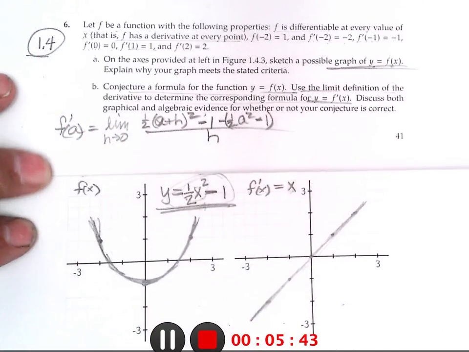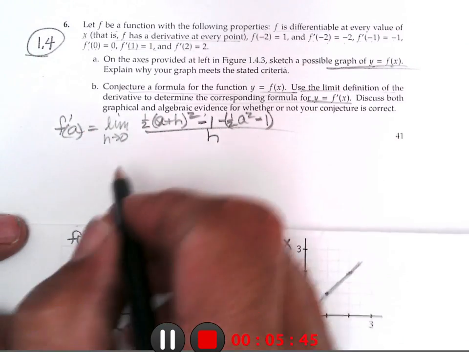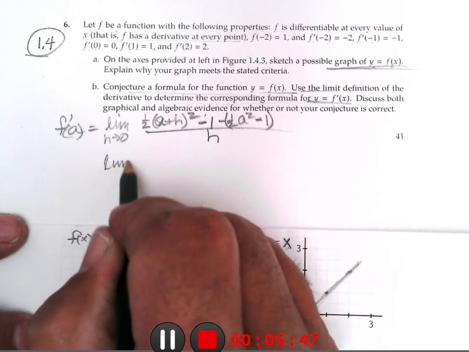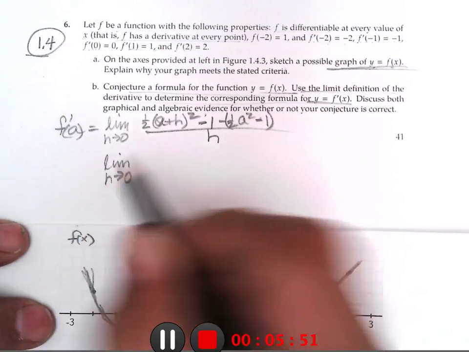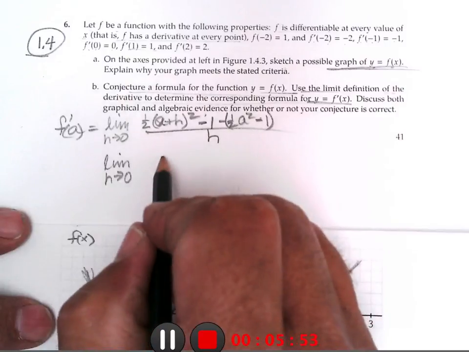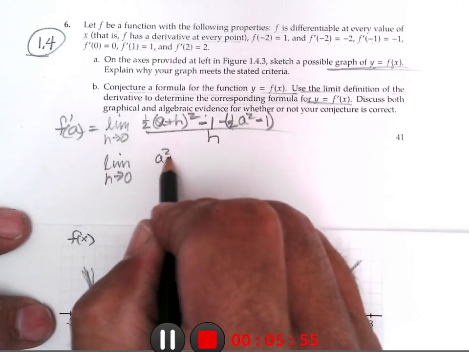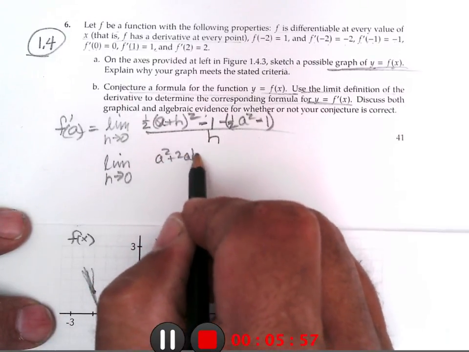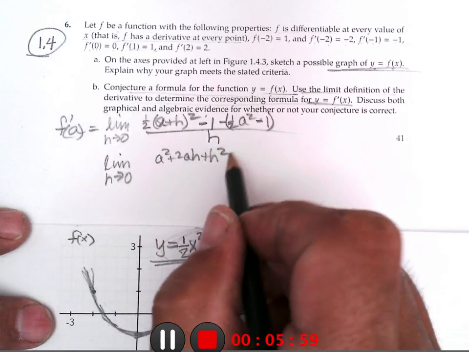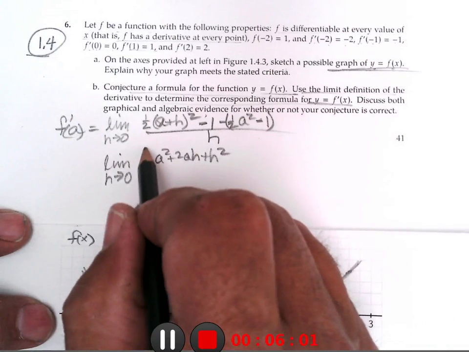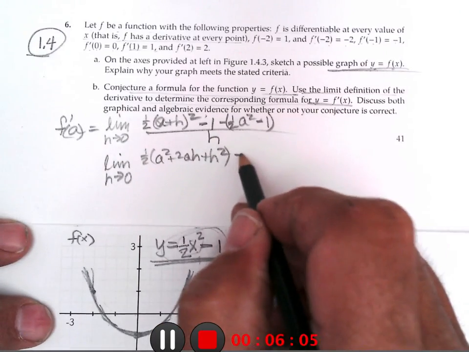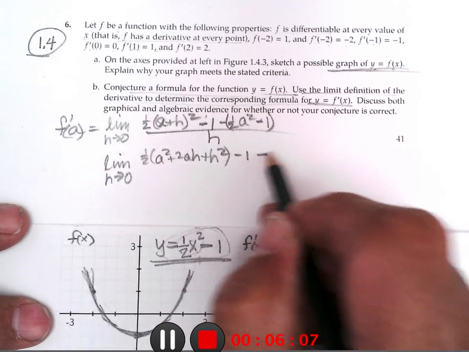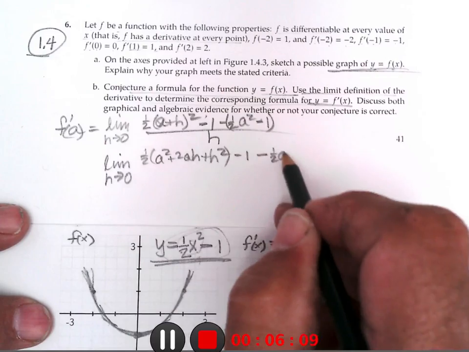So I get the limit as h approaches 0 of a squared plus 2ah plus h squared, times all times a half, minus 1 minus 1/2 a squared plus 1.